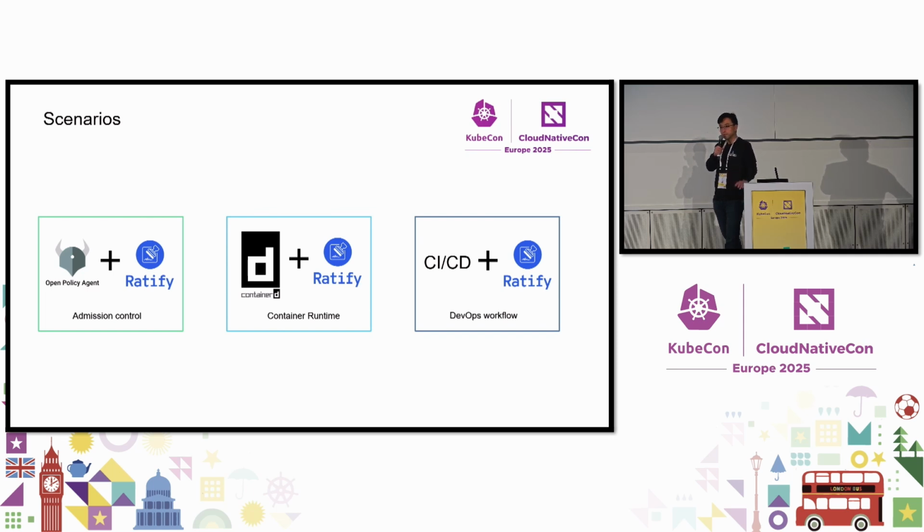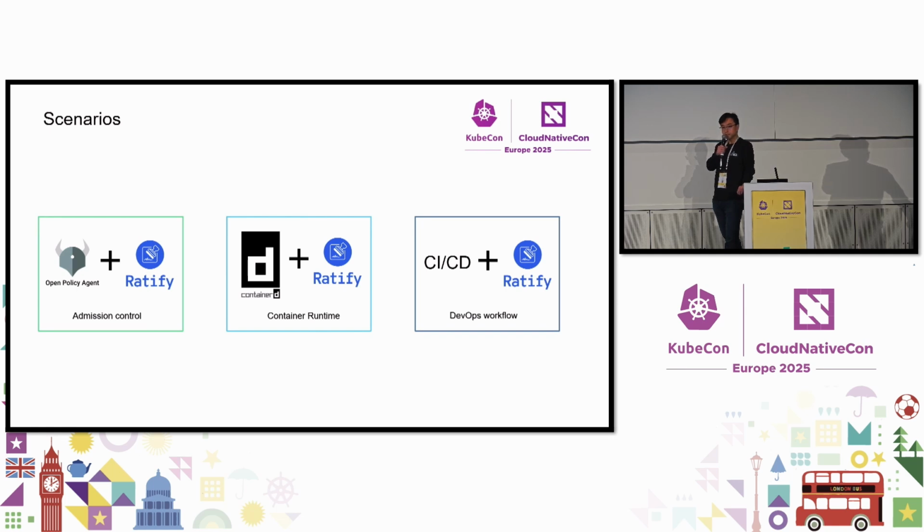For example, if you want to bootstrap a Kubernetes cluster, the admission controller from the first scenario is not ready yet, but you have some cached images, and you want to make sure those images can be trusted. So scenario 2 can be used for that purpose. Scenario 2 is currently in a proof of concept stage.